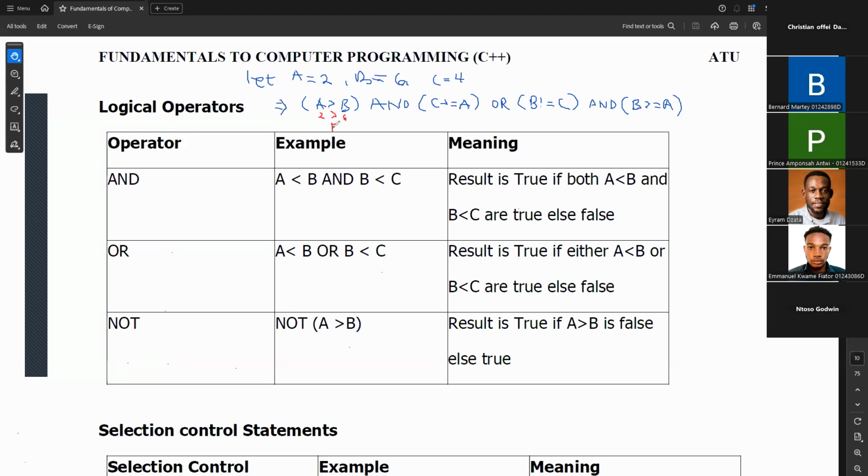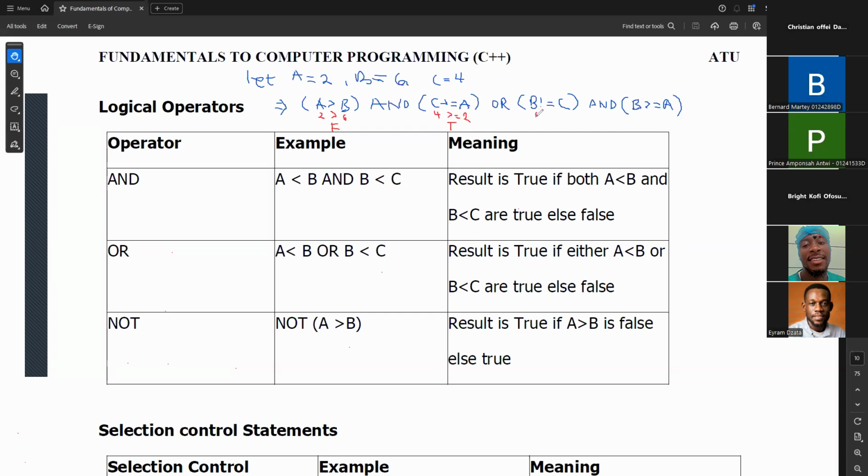False, right? Then we have C is greater than or equal to A. So C is 4 and A is 2. What would that give us? True. This is true.